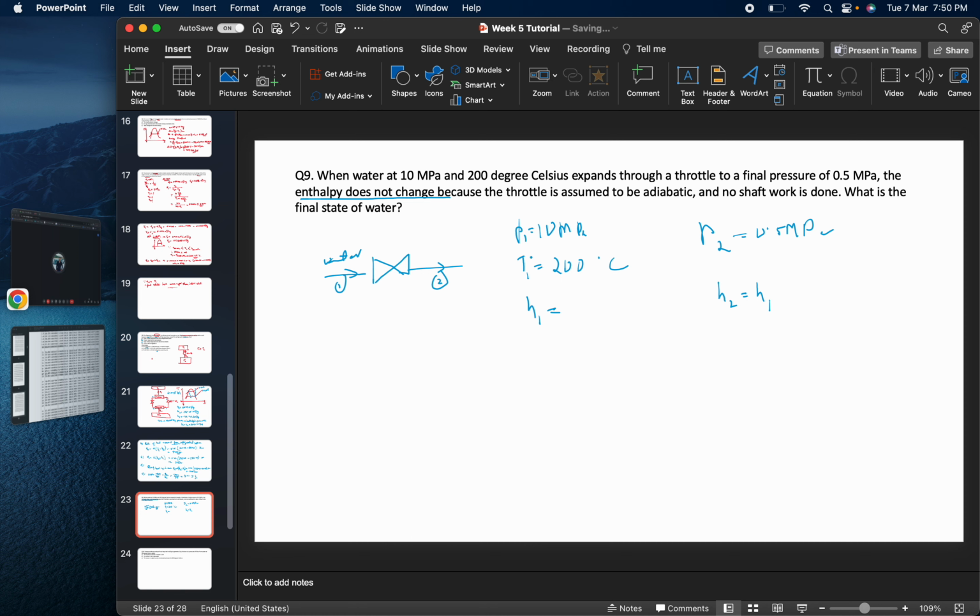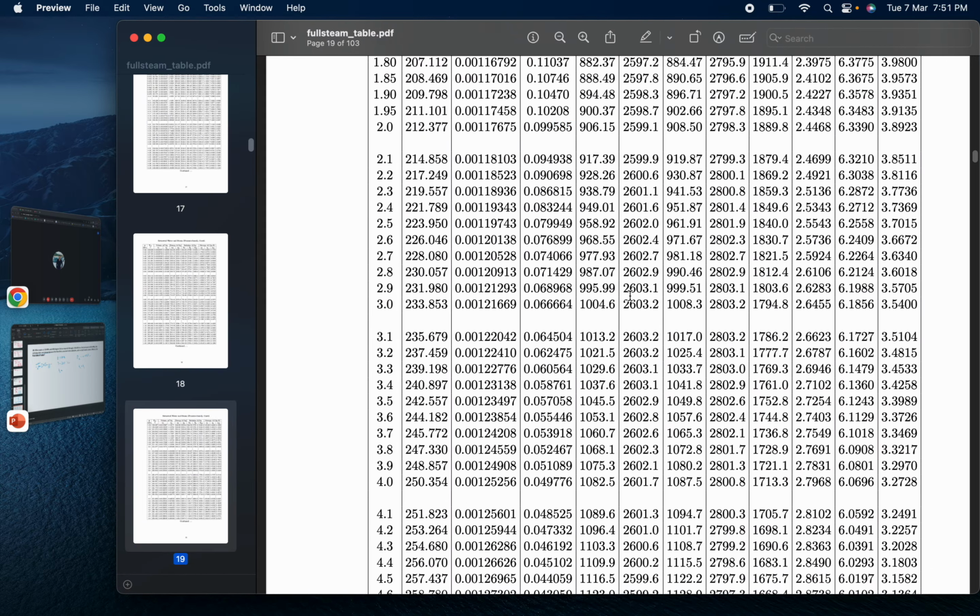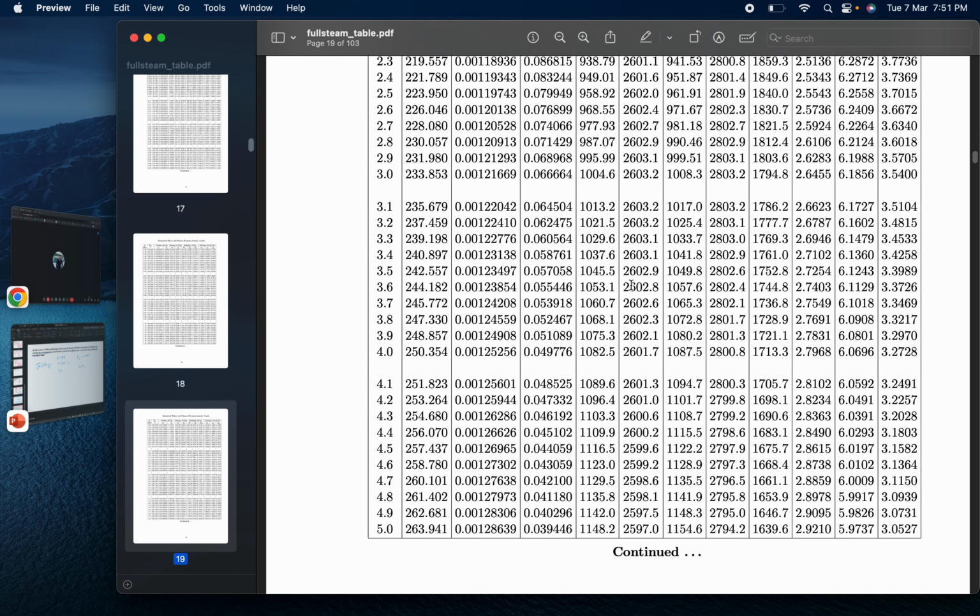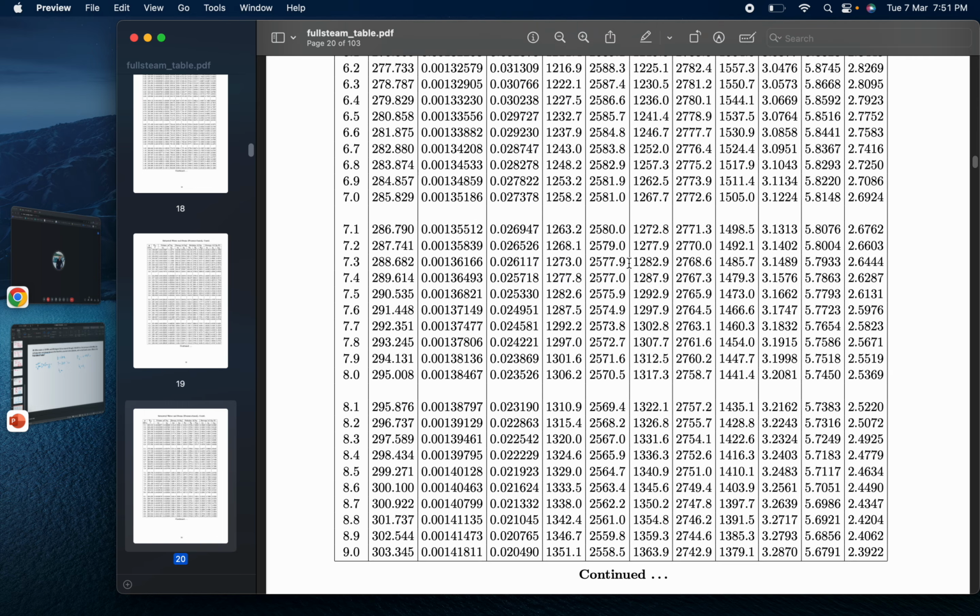Using these values we have to find out the final state. So we will go to the steam table again and look at 10 megapascal.